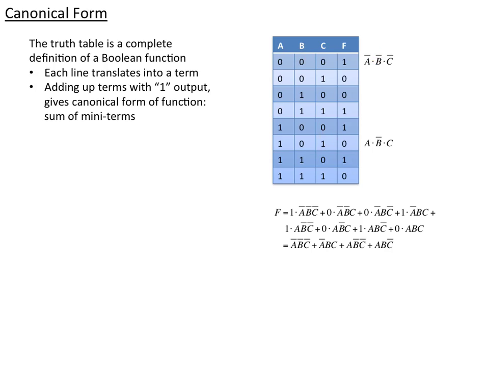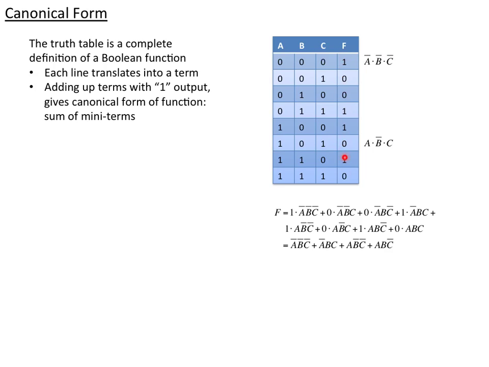If C is a 1, we put C. And so the first line, the way I always write it, will always be not A, and not B, and not C. And so each line, each set of inputs, corresponds to a term with A, B, and C each appearing once, either negated or not.